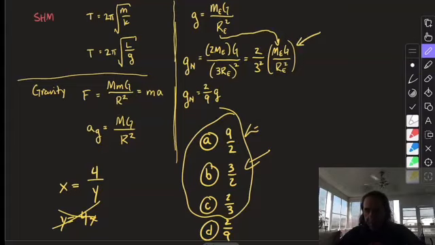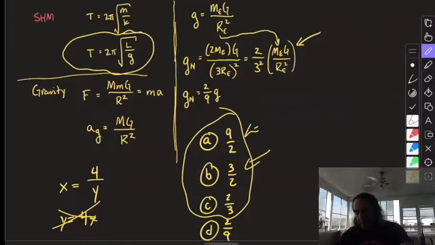Now, this would involve both figuring out your new acceleration of gravity and then figuring out how it fits in with the period function. So we just found out what the new acceleration of gravity is, and we have a pendulum that on the Earth has a period of 1 second.